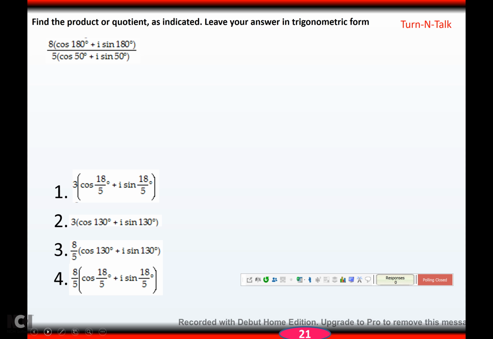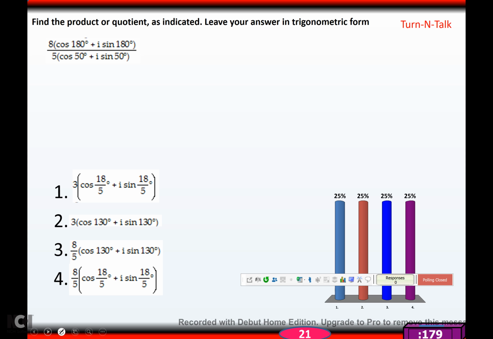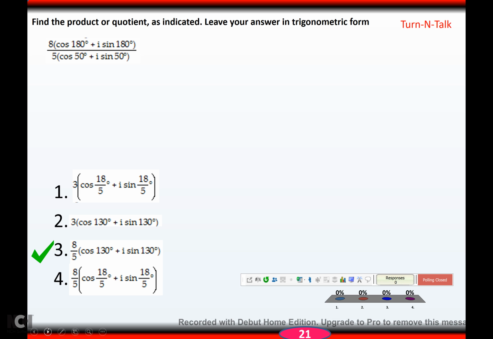Alright, you try this one, hit pause, come back when you're ready. This one's kind of a twist. They're kind of making you go backwards. And you should get 3. Okay, I use the definition. z1 divided by z2 is r1 divided by r2 times cosine of theta 1 minus theta 2 plus i sine theta 1 minus theta 2.